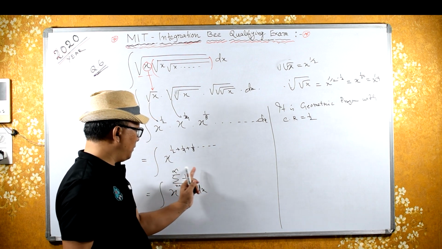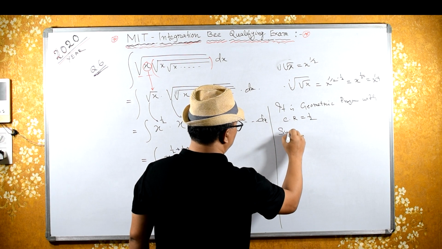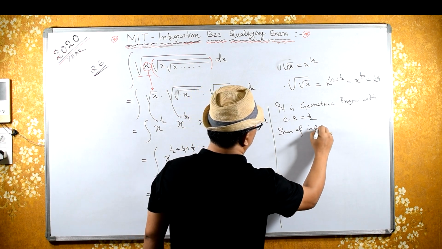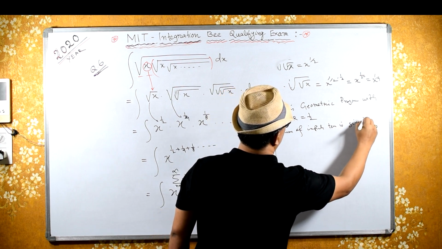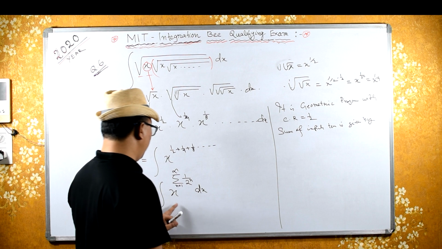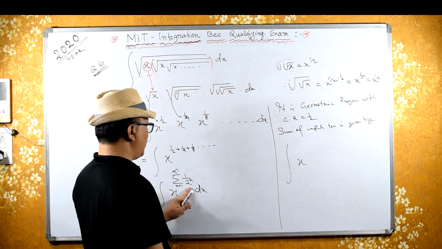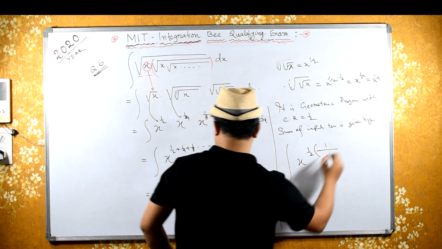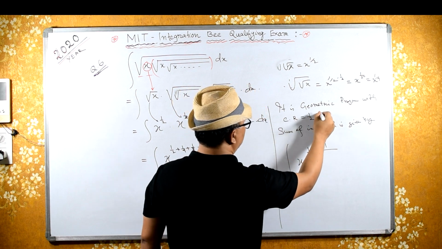Therefore the sum to infinity terms is given by integral x, where the first term is half and the common ratio half is less than 1.